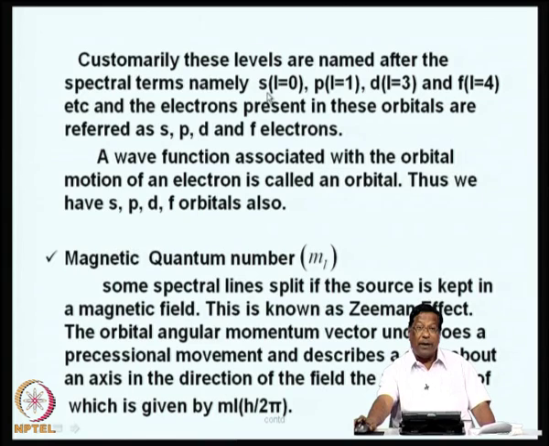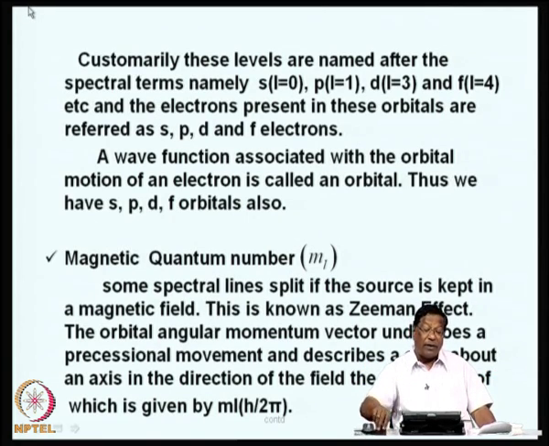S means L is equal to 0, P is L is equal to 1, D shell is L is equal to 3, and F shell is L is equal to 4 etc. And the electrons present in these orbitals are referred as S, P, D, F electrons.